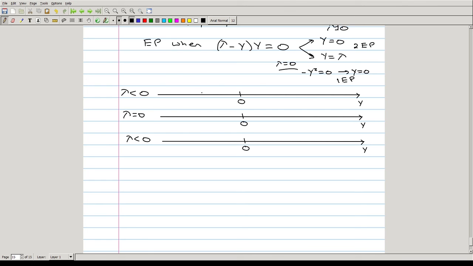Lambda is less than 0. We have a critical value at 0, and we have a critical value at y equals lambda.